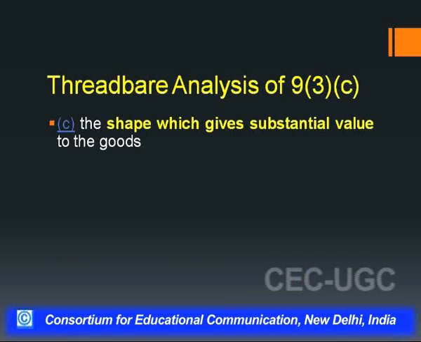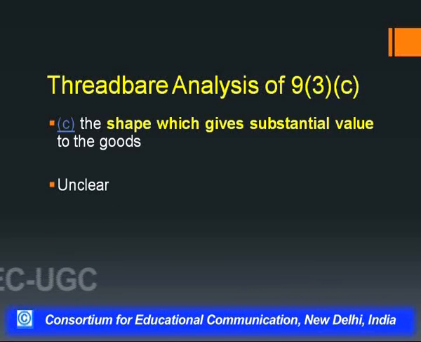So every shape has something or the other to add to the quality of the goods, or to enhance the quality of the goods, to give the substantial value to the goods. So when we read section 9(3)(c) as on your screen, it gives an unclear understanding.